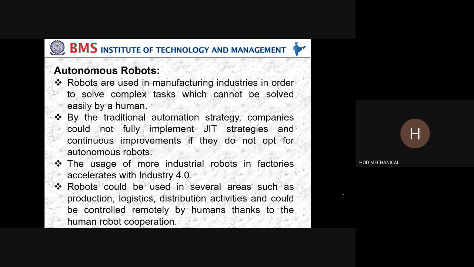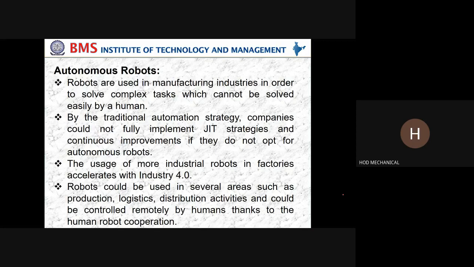Then we have autonomous robots. Now assume the absence of autonomous robots. In their absence, you as a human being may have to do many operations. You may have to take the decision. You may have to move the material.